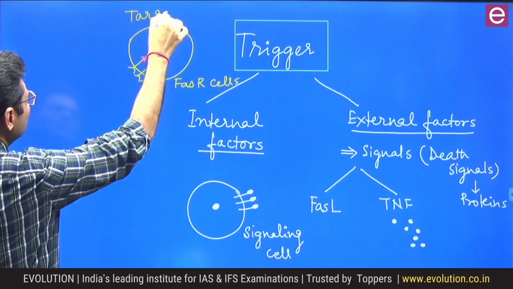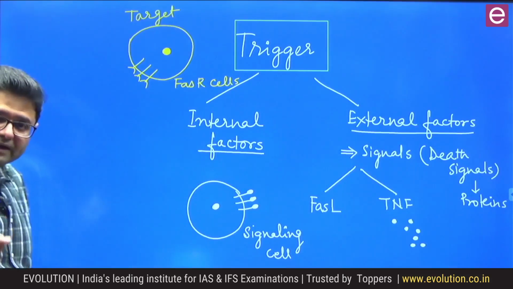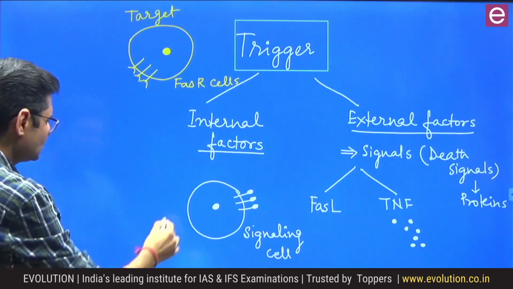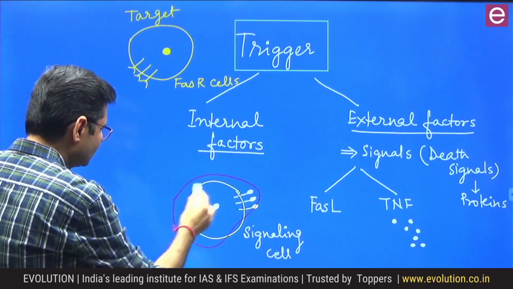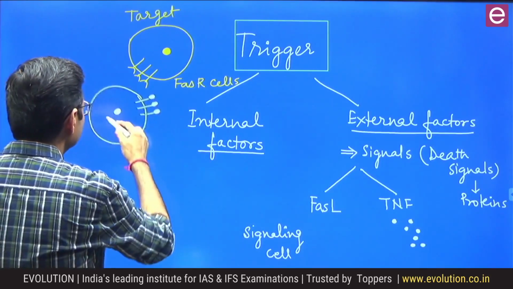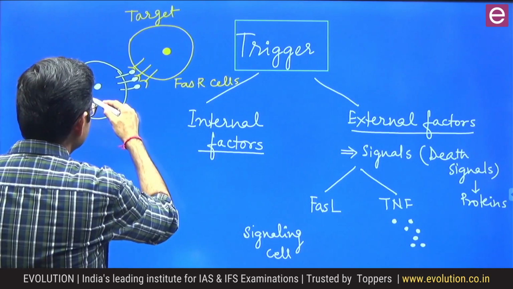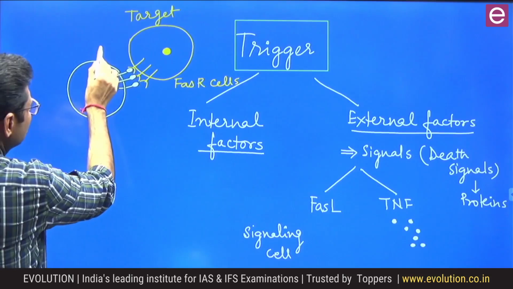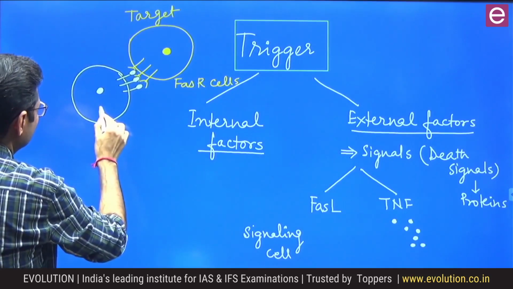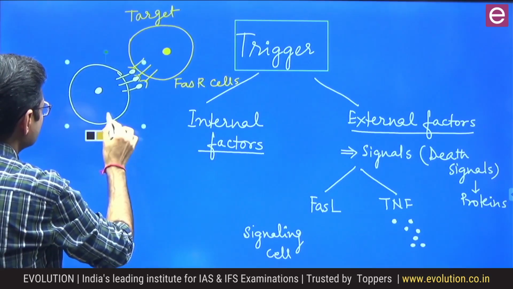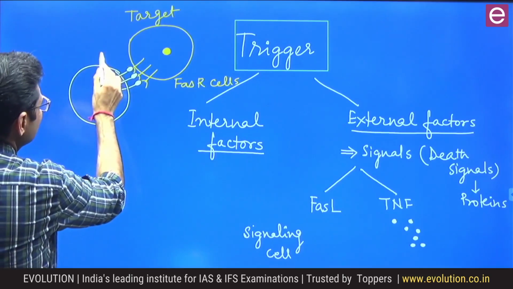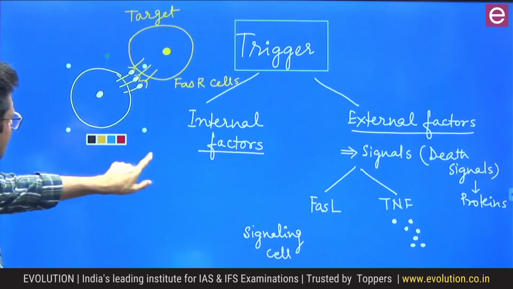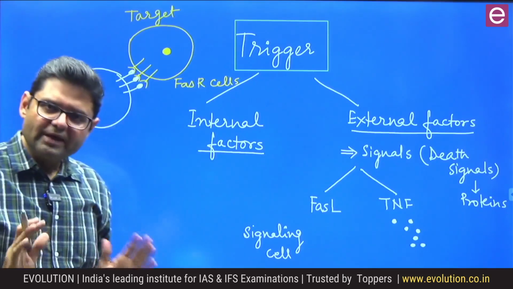But the target cell won't die until it has been signaled to die. When the target cell is no longer needed, the signaling cell will go and interact with its receptor. Can you see that it is interacting with the receptor of this one? And now you can see almost perfect interaction. That is how this target cell will be stimulated to die.